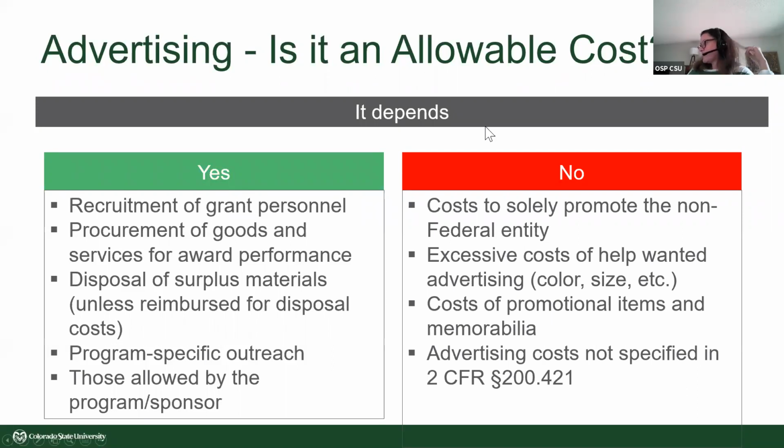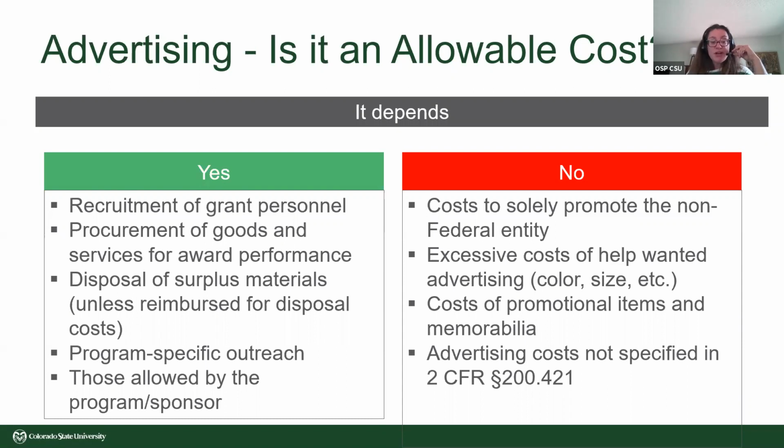So I was thinking about some other times that I've seen advertising allowed on awards. When I was at Western Kentucky, we had a Department of Justice grant to establish a volunteer coordinator center in the community. So we were hiring a project coordinator that was going to be head of this center in the community, and also we were recruiting for volunteers.